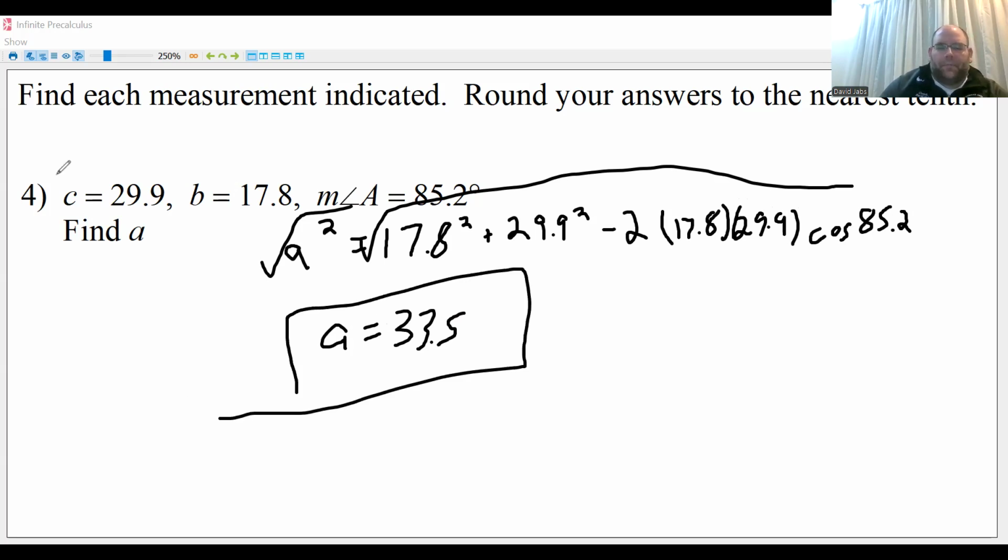All right, so there is number 4. All right, now we'll get into angles here.